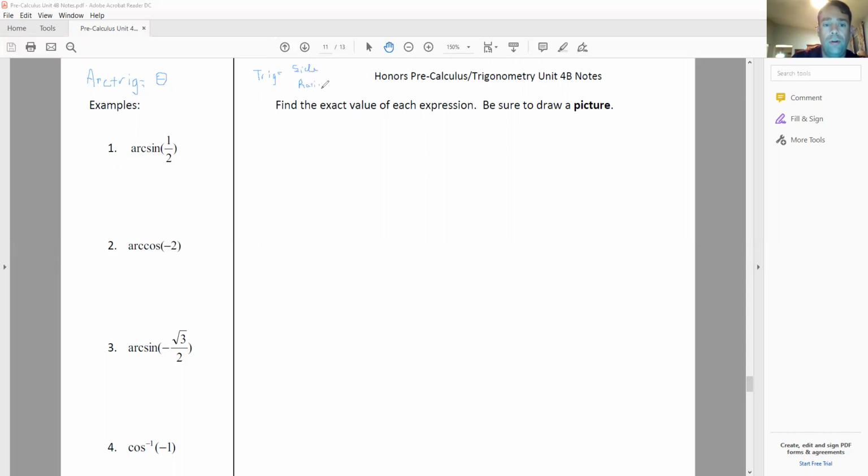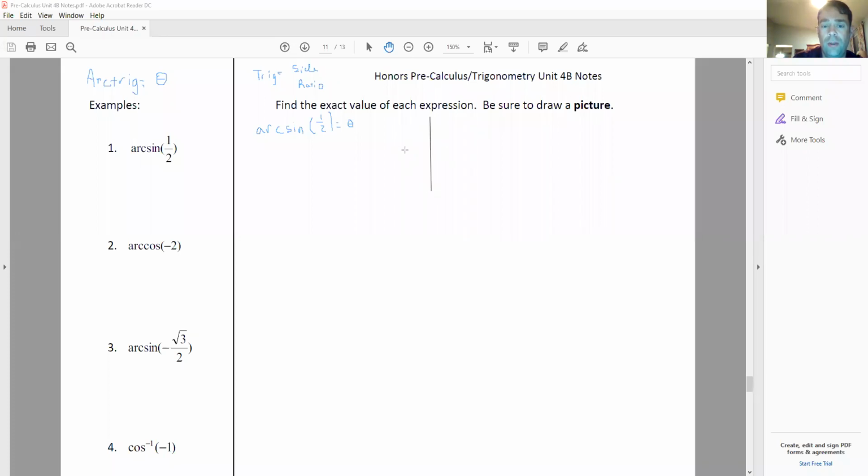So that's what we're finding here on these. We're finding angles. So one of the ways to think about this is just take your trig, arcsine, and make it equal to a theta. Since arctrig is always equal to an angle, make it equal to a theta. Now, since I'm dealing with arcsine, let's think about arcsine for a second.